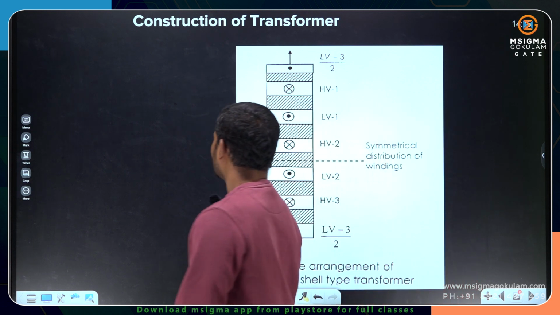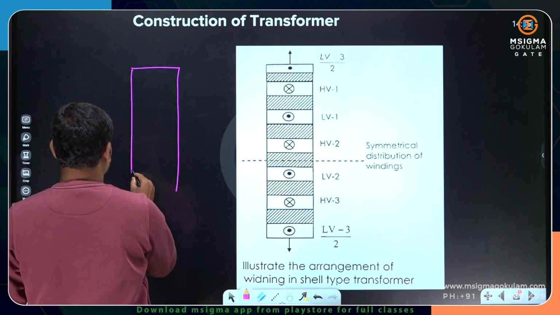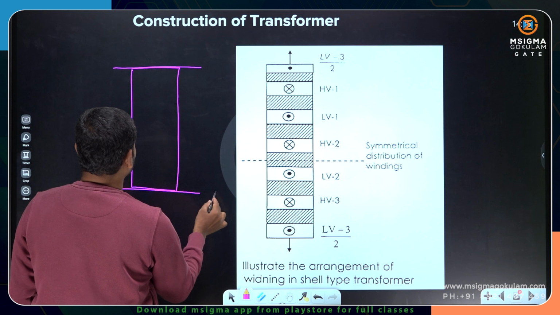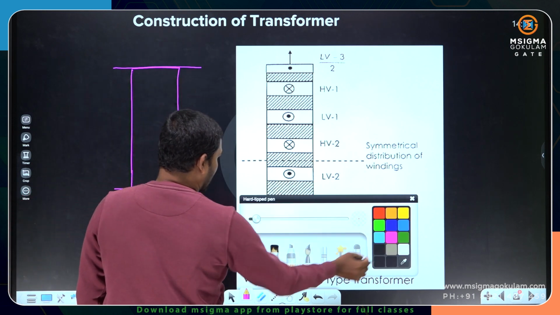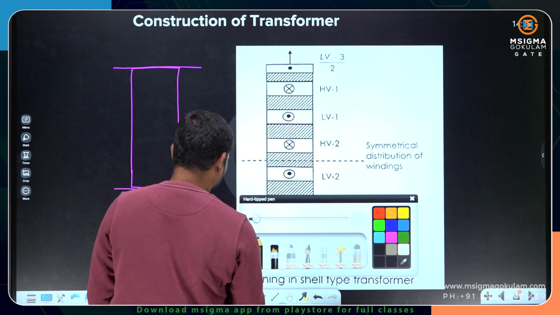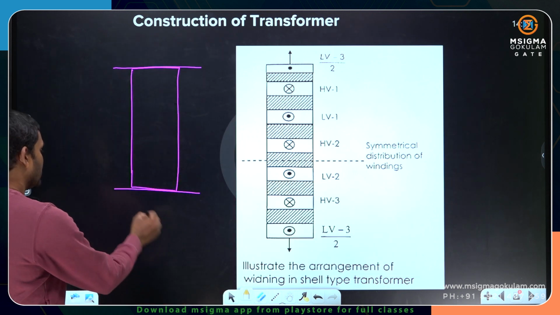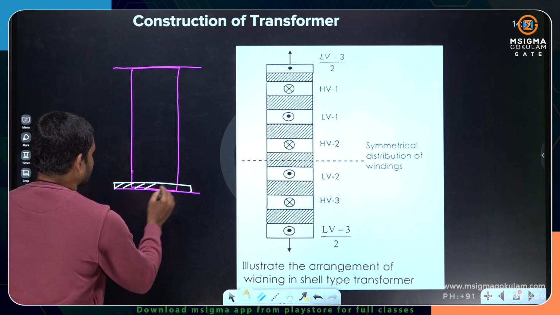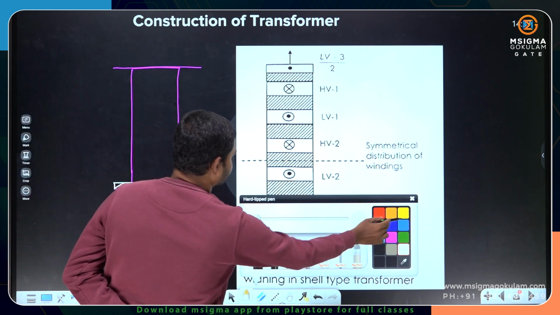If you see, I have a middle limb like this. This is the top of the core and the bottom of the core. Now here I want to place a winding. To place a winding, first of all I should place insulation. So let me take up insulation here. This is the insulation thickness. Next I have to place a winding.